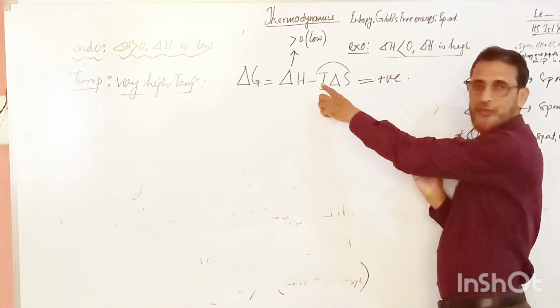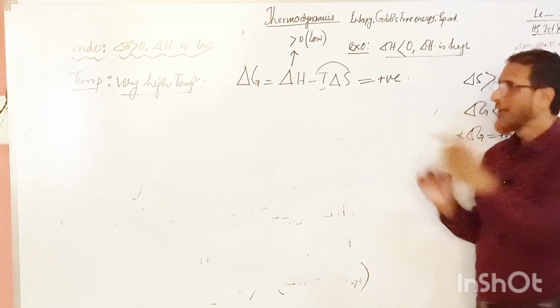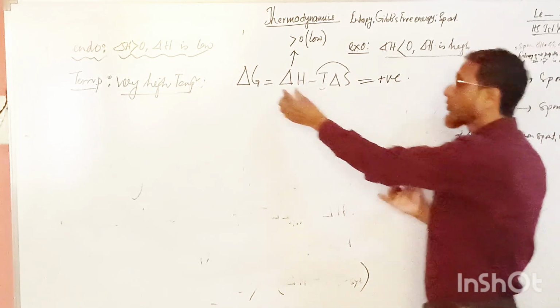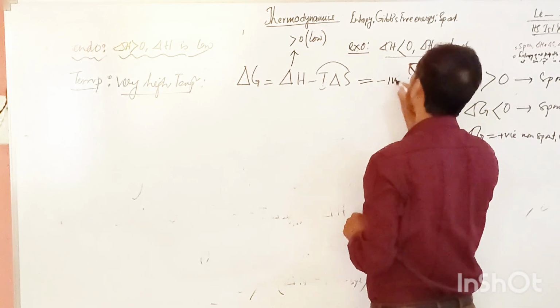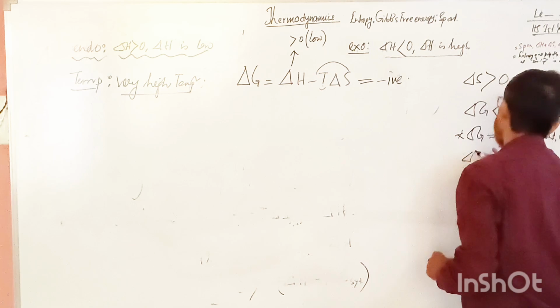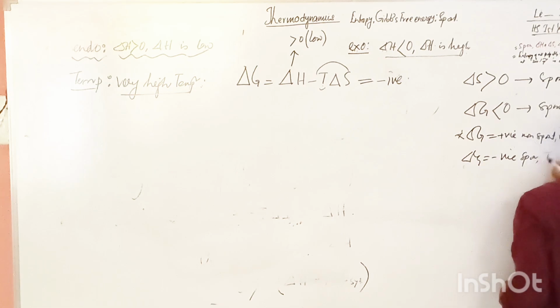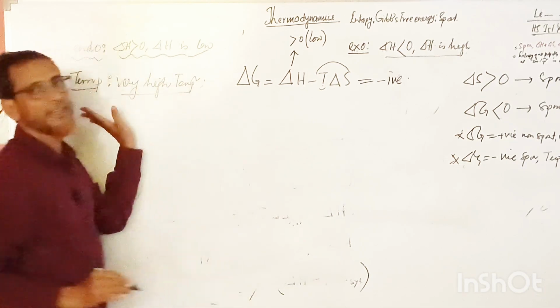If the temperature is too high, the randomness, the change of entropy, is also high. So the product of these two is going to be higher and higher. So the low value minus the higher value, we are getting a negative value. So ΔG is negative, meaning it is spontaneous at very high temperature for an endothermic reaction.